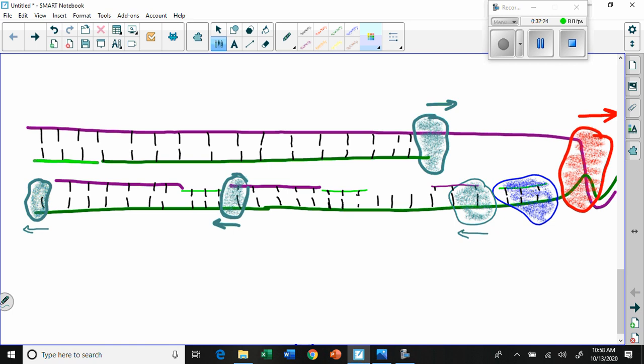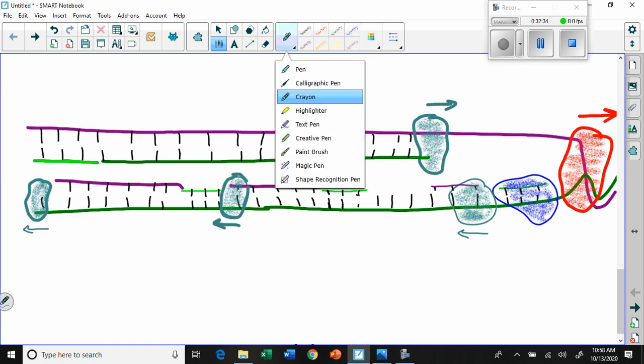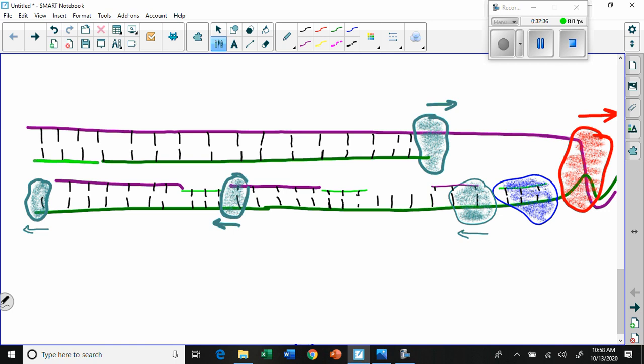So this last one that I've drawn, the one on the right side on the bottom, he's going to continue until he hits this RNA primer that's coming up, right? I can't illustrate that. Maybe if I use the pointer. No, I don't have a pointer. So essentially, I'll just use a color and erase it.